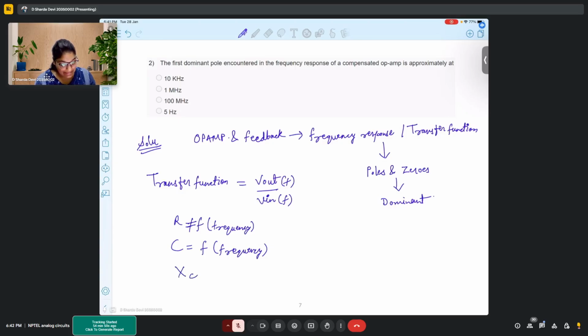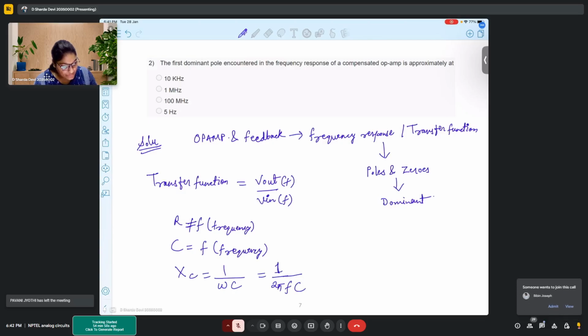That is, Xc is 1 upon omega c, that is 1 upon 2 pi f into c, right? So we know that capacitor behaves differently in different frequencies. At one frequency, it might behave as a short circuit wire, whereas at another frequency, it might behave as a mega ohms resistor, right?